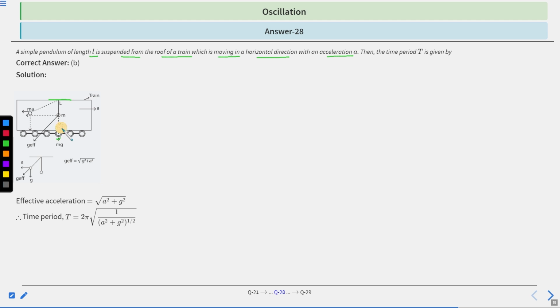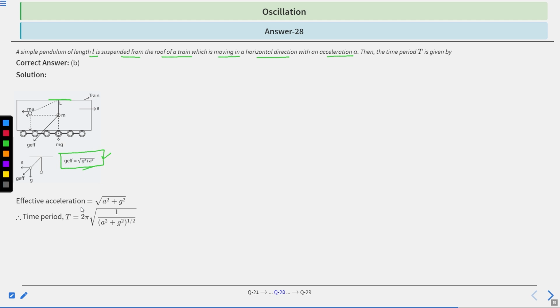And the train is moving to the right side with acceleration a, so a pseudo force is acting opposite to a, and that is F equal to MA. Combining the components, which are G and A, we get a new force, G effective, where G effective is equal to under root G square plus A square. This is because of the train moving with acceleration a and a pseudo force acting opposite to a.